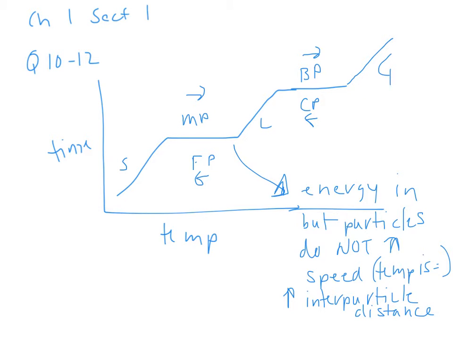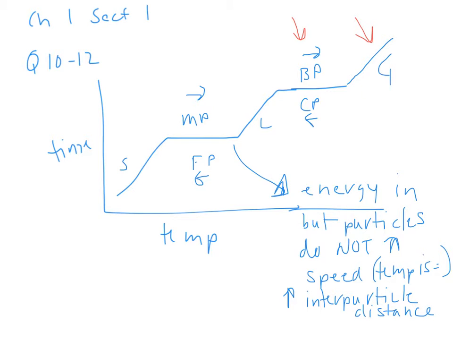So number 10 says, explain why a burn to the skin caused by steam is more serious than a burn caused by the same amount of boiling water. So it's the same particles, but in one case, we've got boiling water. In the other case, we've got steam. So why is it more? Well, if you look, the boiling water is going to have plenty of energy.